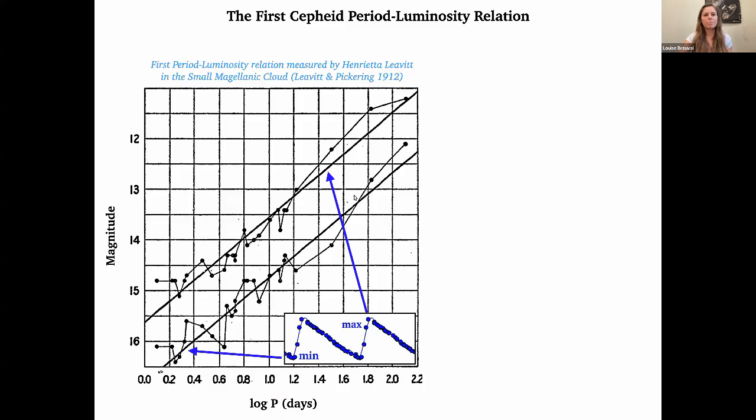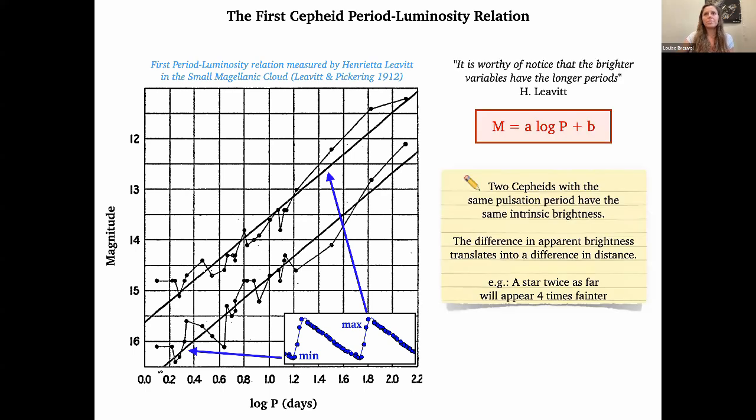The bottom line is the minimum brightness for a sample of Cepheids, and for the same stars, the top line is the maximum brightness. It's a bit confusing because right now we use only one line, the mean magnitude, but for her discovery, she shows the minimum and maximum separately.